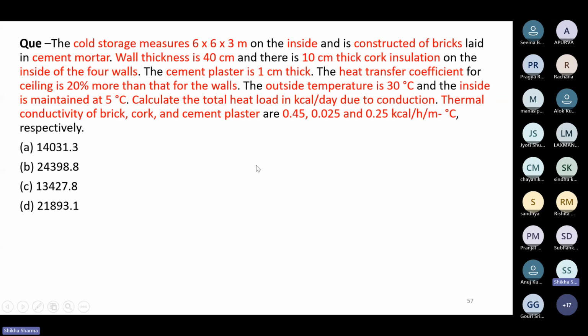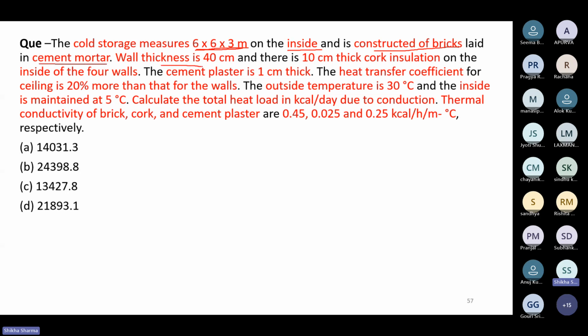So the cold storage is a facility, a rectangular room, which has a dimension of 6 into 6 into 3 meters, which is length, width and height on the inside, and is constructed of bricks laid in cement mortar.